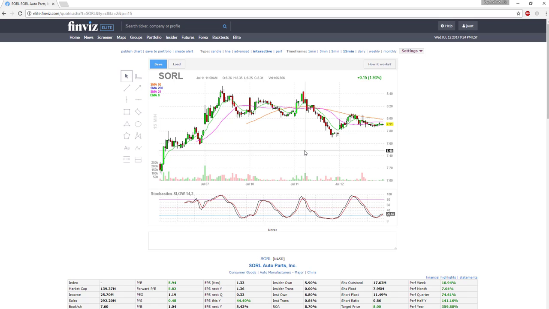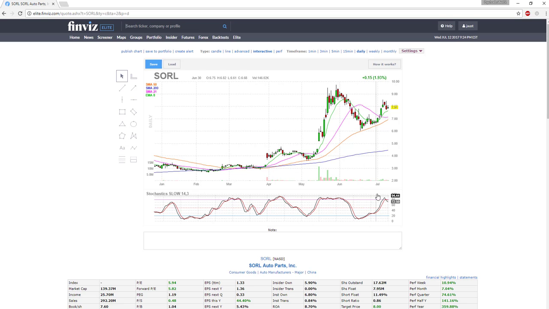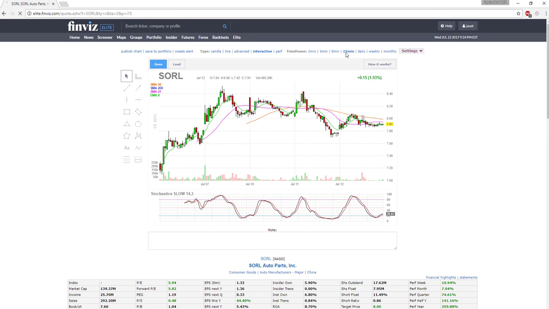So yes, it does impact how you approach and plan the trade, but it's going to start with which time frame you select. If you're trading on a daily time frame, then you're going to use the daily slow stochastics to manage that trade. If you're trading on a 15-minute time frame, that's what you built your plan off of, then you want to use the slow stochastics on a 15-minute time frame.